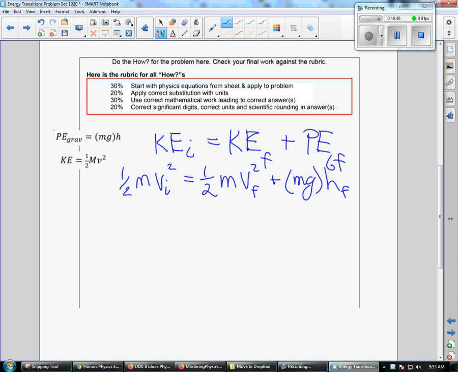Oh, I can do a little algebra to save myself some work, right? So I could get rid of all the m's. Then I don't have to worry about grams and kilograms.